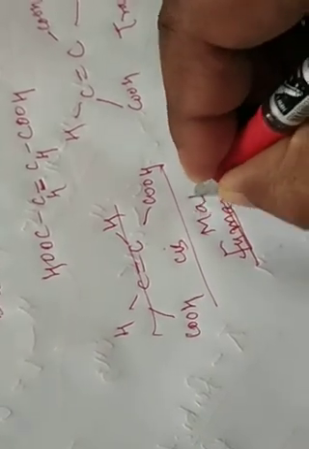Fumaric acid is a trans form of... just wait, sorry, this is not fumaric, this is maleic acid. So maleic acid is the cis form of but-2-ene-1,4-dioic acid, and the trans structure is fumaric acid. So fumaric acid is the trans form of but-2-ene-1,4-dioic acid.